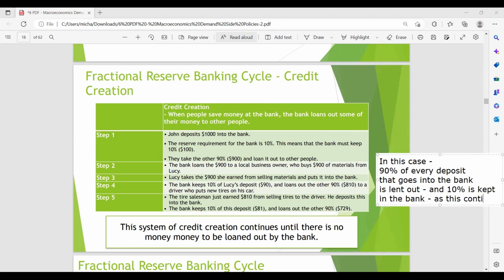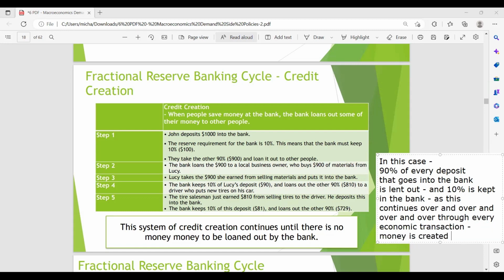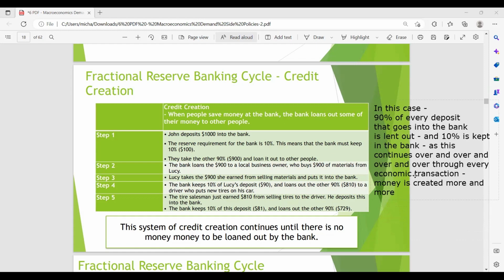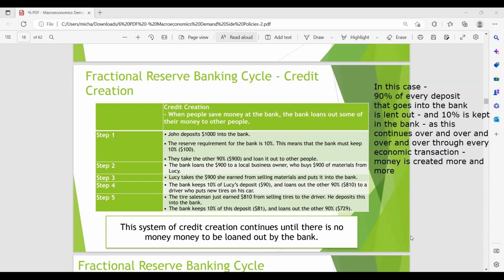As this continues over and over through every economic transaction, money is created more and more. That's what happens in this example. It just repeats itself, another transaction, another transaction, and the money is created over and over. So that's how money is created.